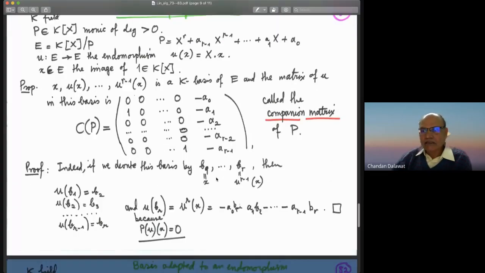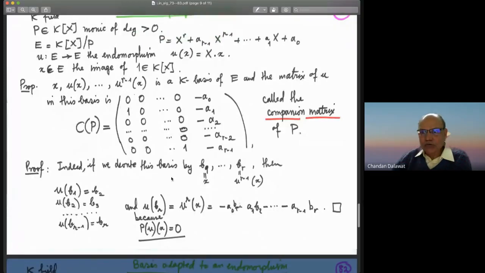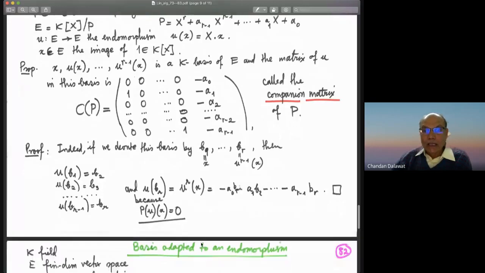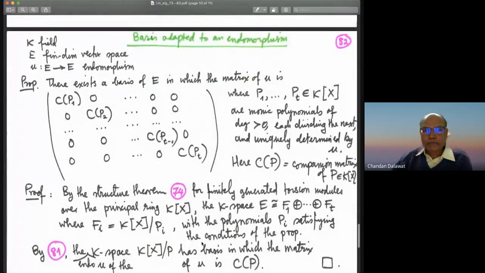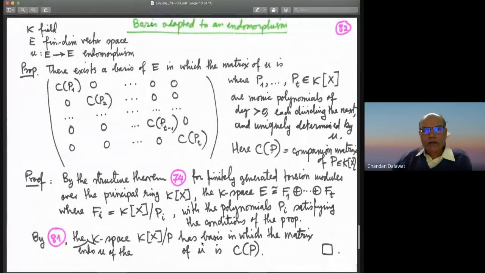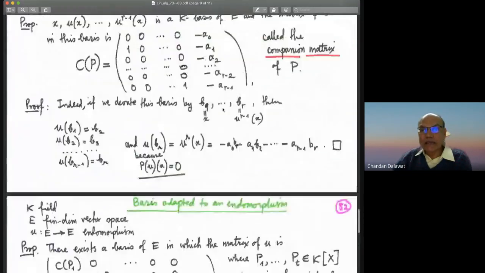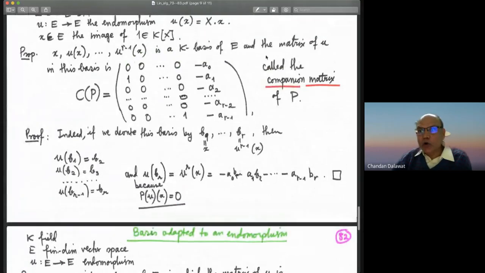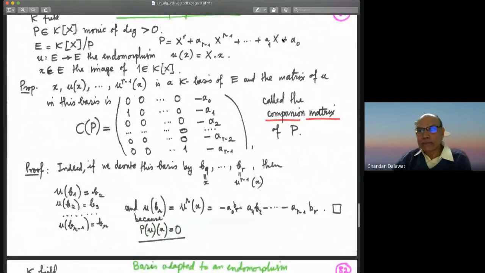So this is kind of completely obvious. You just need to check it. So this matrix, by the way, is called the companion matrix of the polynomial P. It's completely determined by the polynomial. You have ones just below the diagonal, and the coefficients of the polynomial in the last column with the sign minus.